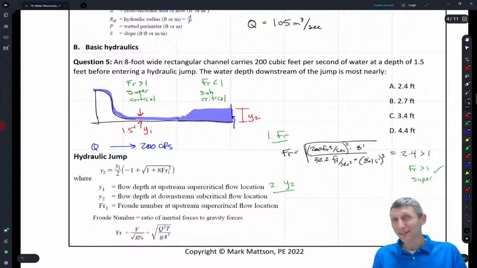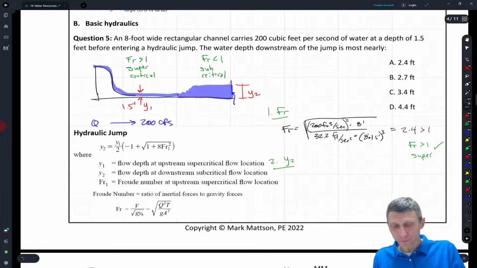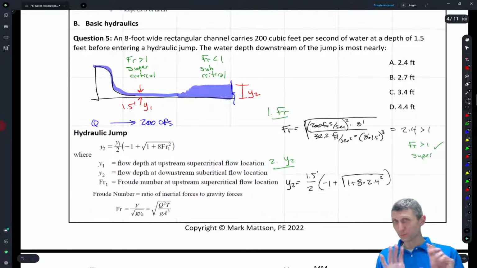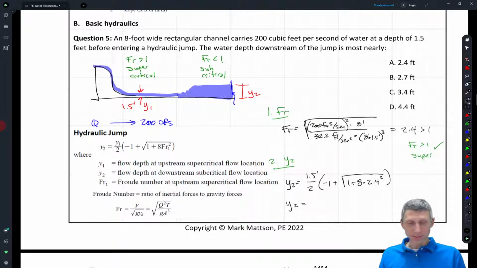And that becomes kind of plug and chug here because we have the equation Y2 equals Y1, so Y1 was 1.5 feet, divided by 2 times minus 1 plus the square root of 1 plus 8 times the Froude number, so 2.4 squared. And if I wrote down all my squares correctly, I think Y2 is going to equal, well, let me just double check.